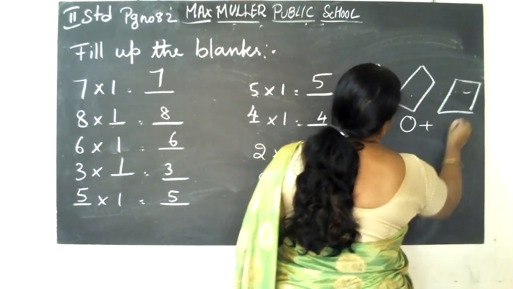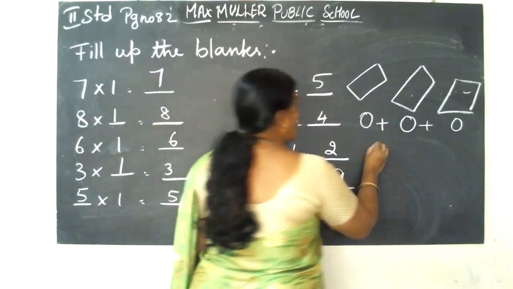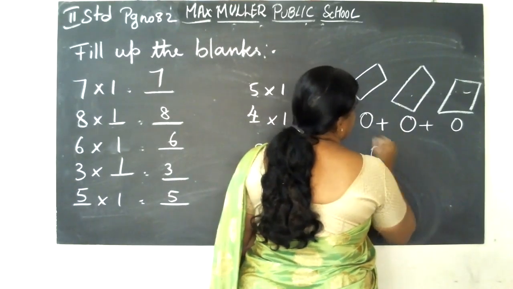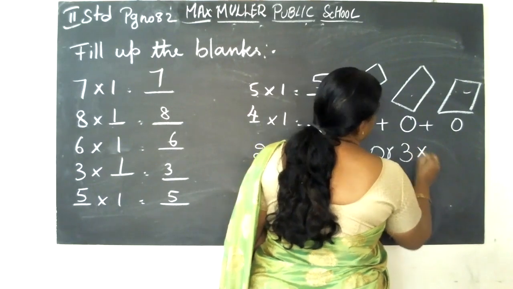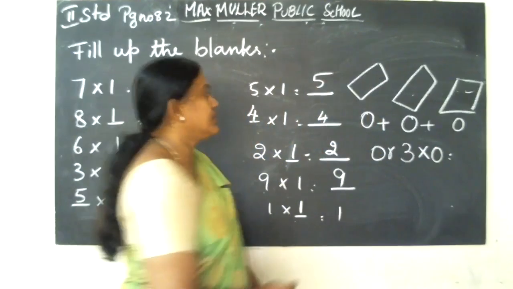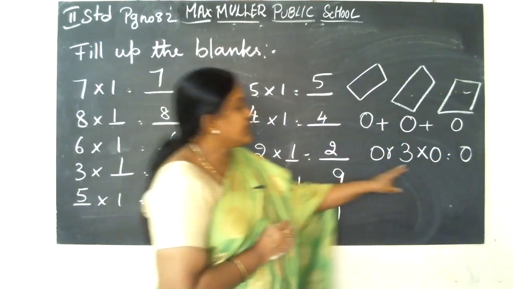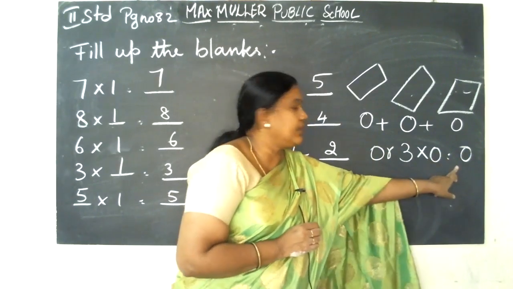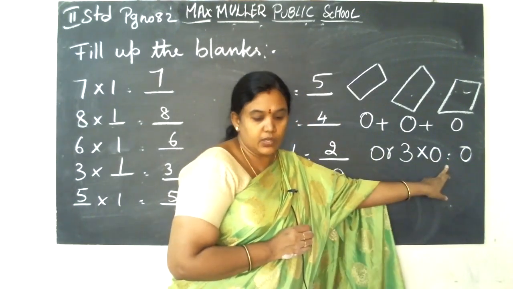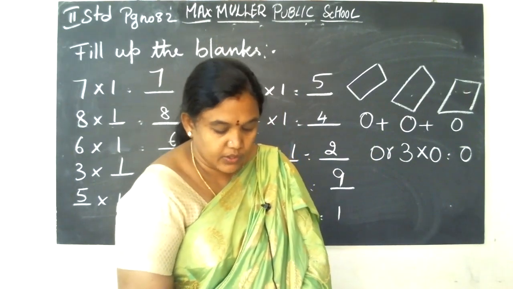So you have to write 0. 0 plus 0 plus 0, how many zeros are here? 3 zeros. 3 zeros are how much, children? 0. If you multiply with 0, 0 only will come. 3 zeros are 0. 0 added 3 times is 0. 3 times 0 is also 0.